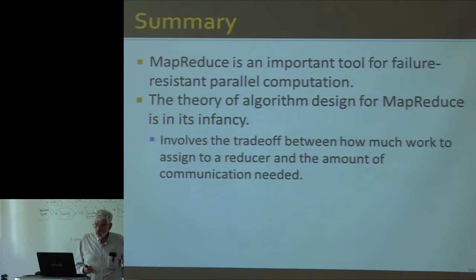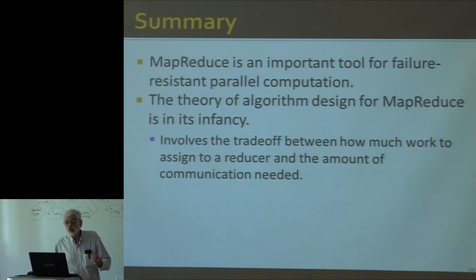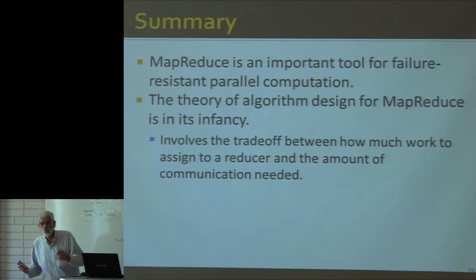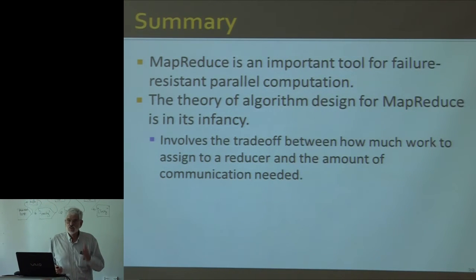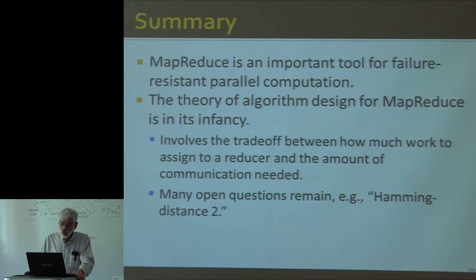Whereas the theory for sequential algorithms was just really running time, here it's a trade-off between the reducer side, how much work each reducer gets to do, and the amount of communication you need. That's the real limiting factor in how good MapReduce algorithms can be.